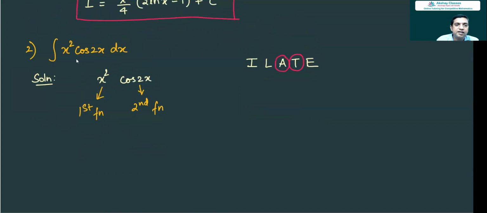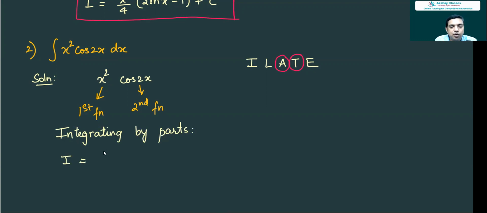So now integrating by parts. So I'll not write all these steps again. So first function into integral of the second minus integral of the derivative of the first. One more time. I'm just writing for the second problem.